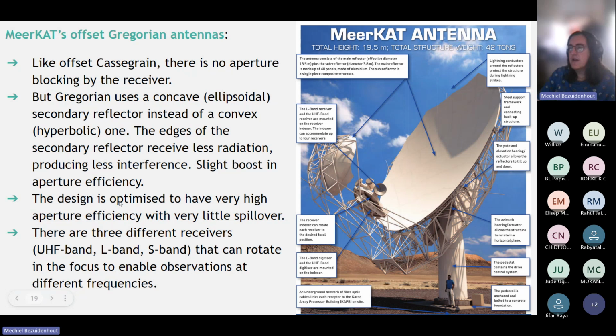So the design is highly optimized so that you have very high aperture efficiency and very little spillover.